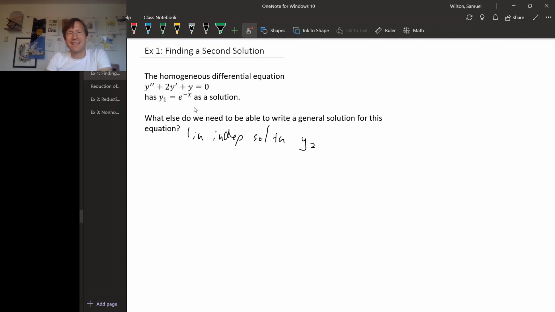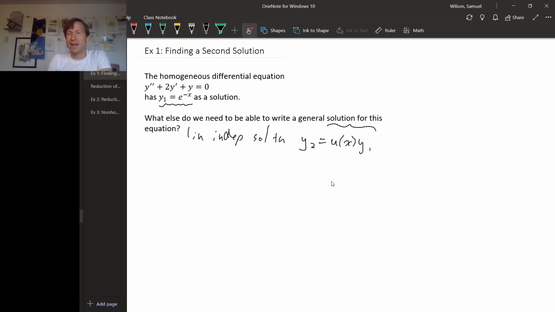And one way of guessing is, if we already know one solution, it seems like we should somehow try to use that first solution to make a good guess for a solution. So rather than guessing just a particular formula for some function of x, we're going to say, well, maybe our second solution should be our first solution, but multiplied by some function of x.